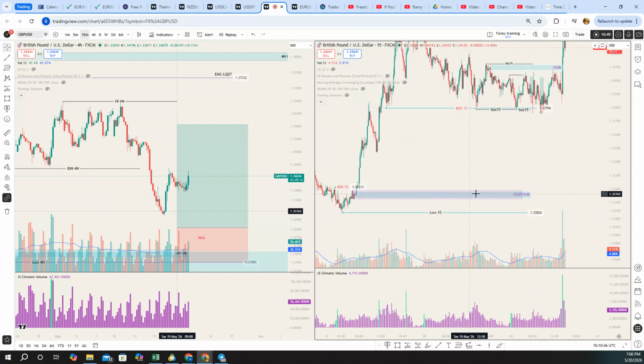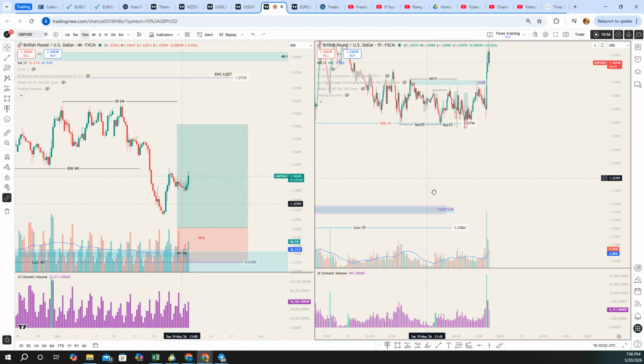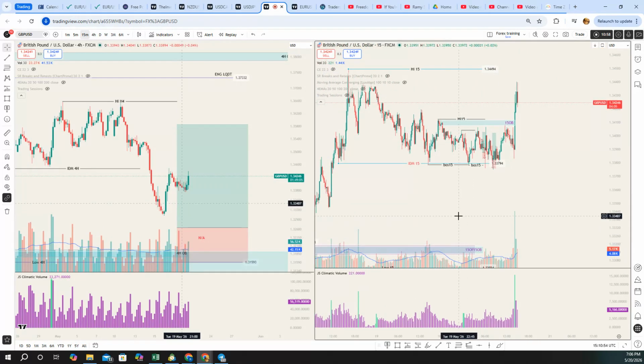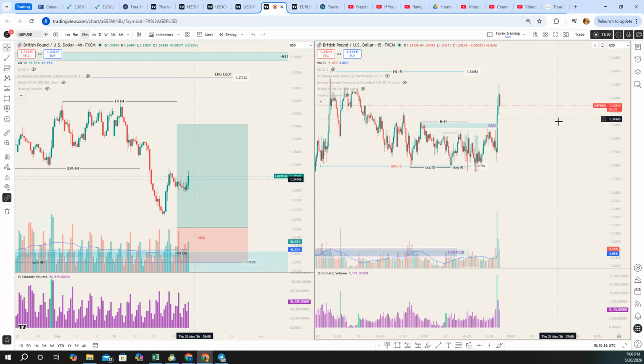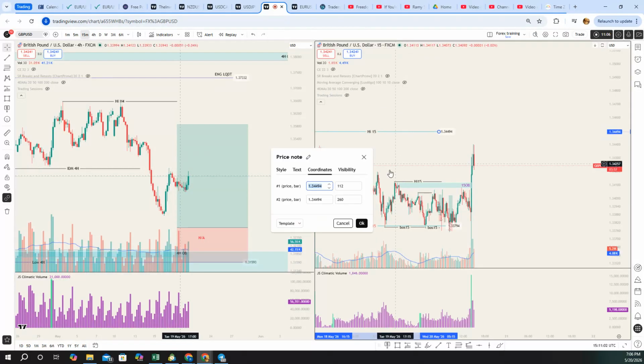On the 15-minute, I found this area where the price could go down to get liquidity for its upward push, but it seems that it will not do that. Up until now, this is the story.